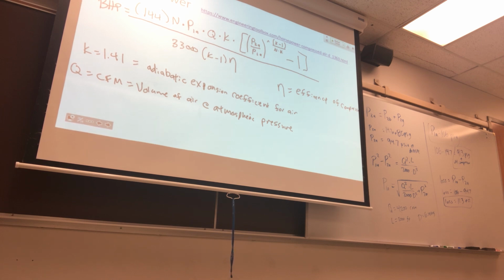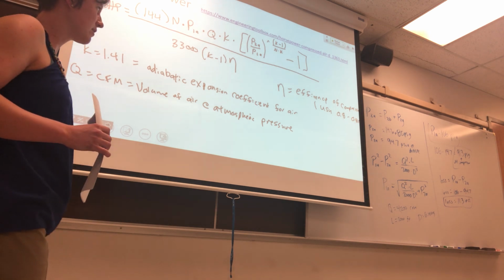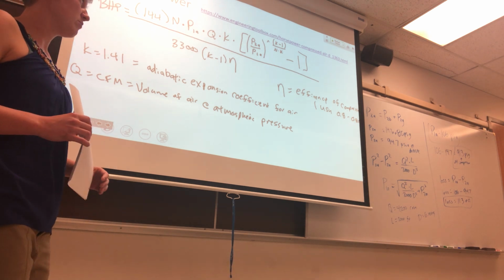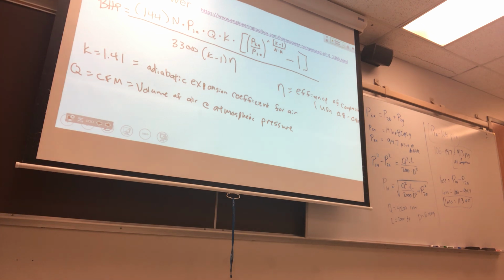Efficiency of compressor, and we usually have that around 0.85. Those are common efficiencies. Like you've seen 0.7, 0.8, sometimes 0.9, but 0.8's usually what you'll see.